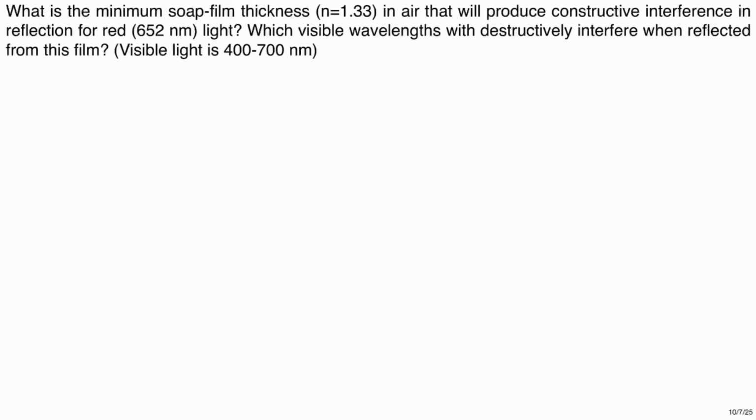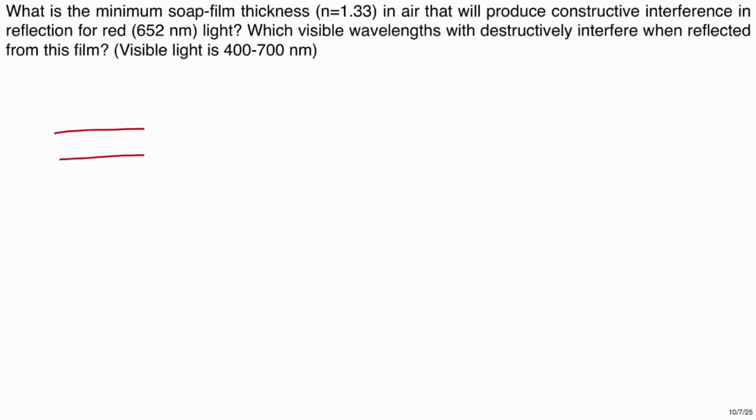So what I draw is just 2 lines, and between the 2 lines is the film. So what are they telling us? This first number, n equals 1.33, what are they trying to say? What is that the index of? The film, the substrate, superstrate, what is it?